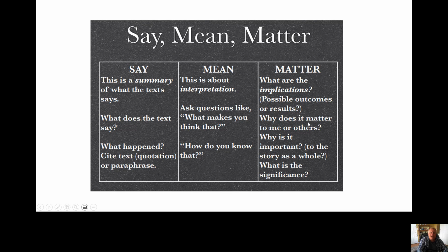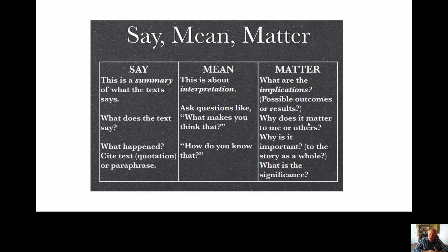One of the things I'd like to suggest is that when we're looking at these articles and talking about them, we look at say, mean, matter. So say, this is a summary of what the text is actually saying. What does the text say? What happened? Okay, then what does it mean? That's the interpretation.